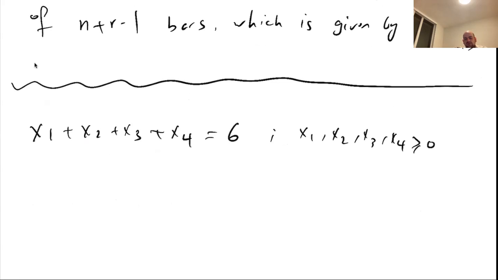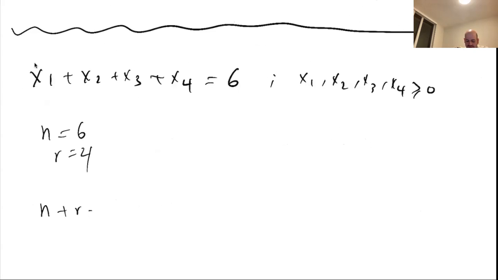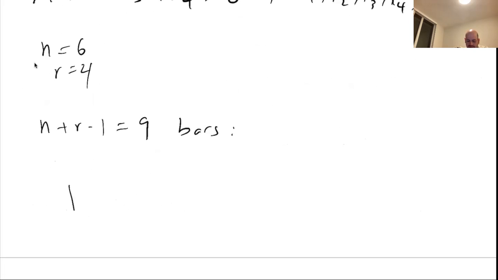Here n is 6, r is 4. So the idea is that you consider n plus r minus 1, which is 9 bars. So 1, 2, 3, 4, 5, 6, 7, 8, 9. 9 bars. And we are saying that if you choose 3 bars out of these 9 bars, then you will have a solution for this equation.